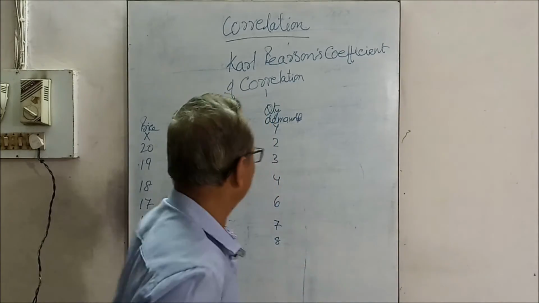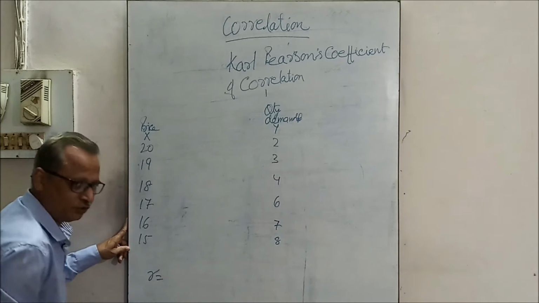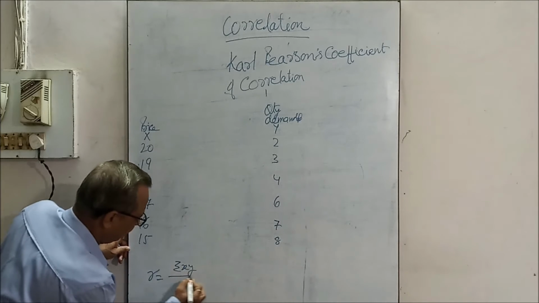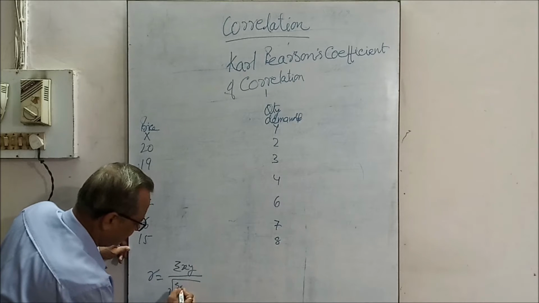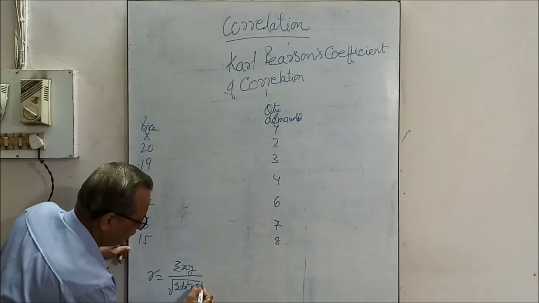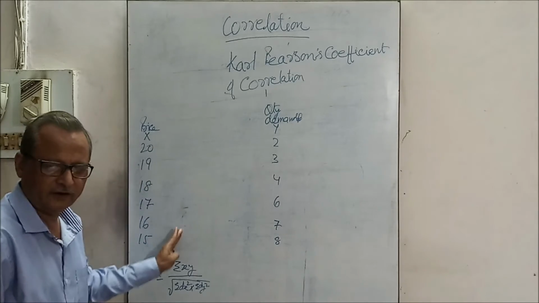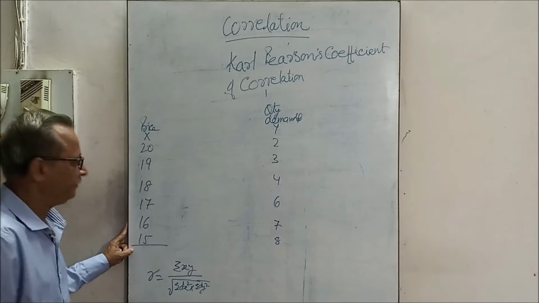Now what do we have to do? We have to use the formula. We are using this formula, xy upon n, or you put in this one, x square into dy square. But first of all, we have to calculate the actual mean.